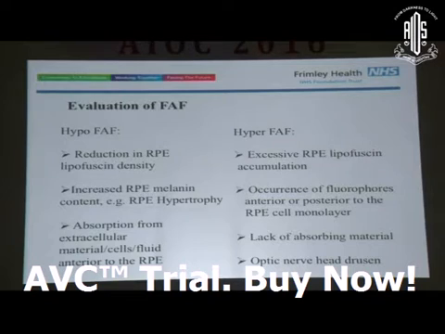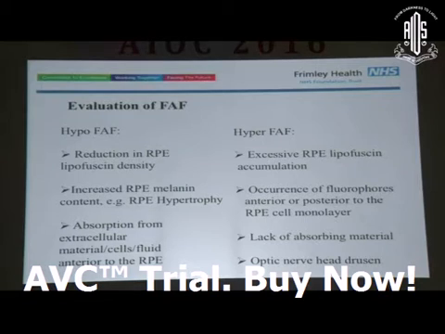How do you evaluate autofluorescence? So you can have either hypo or hyper fundus autofluorescence. Hypo is where there is a reduction in the RPE lipofuscin density, increased RPE melanin content, for example, in RPE hypertrophy, or absorption from extracellular material, cells, or fluid anterior to the RPE. All this will give you a hypoautofluorescence, which is dark or black.